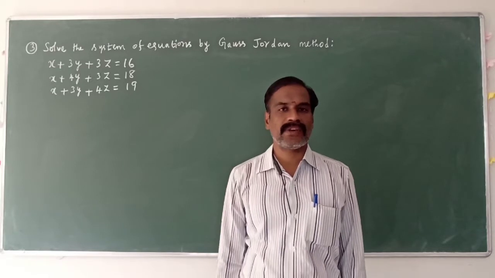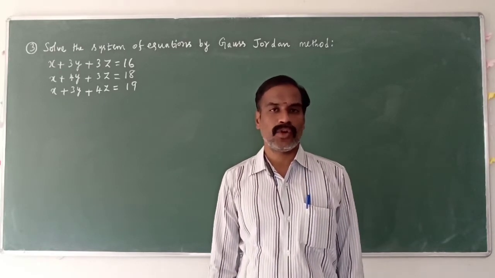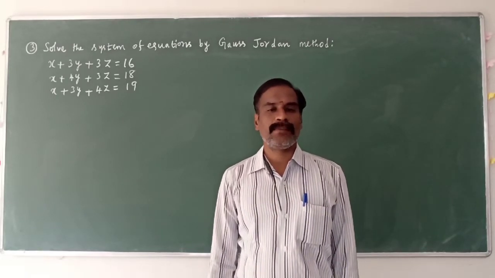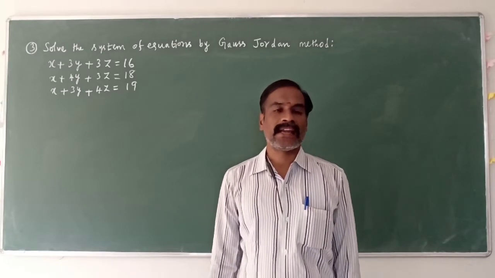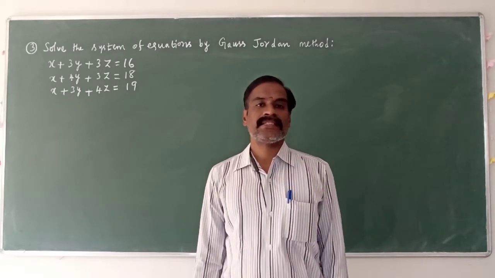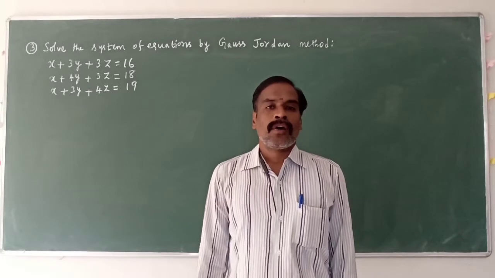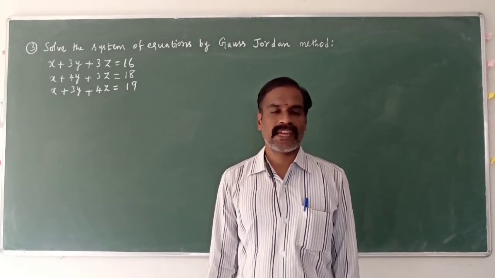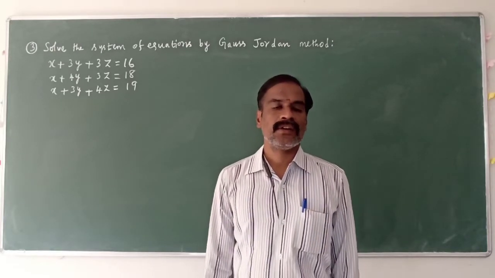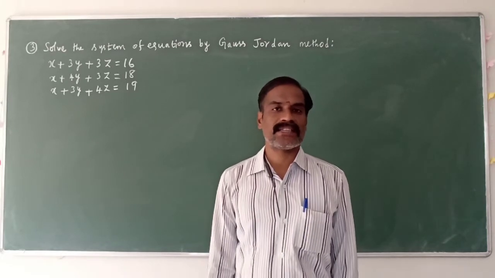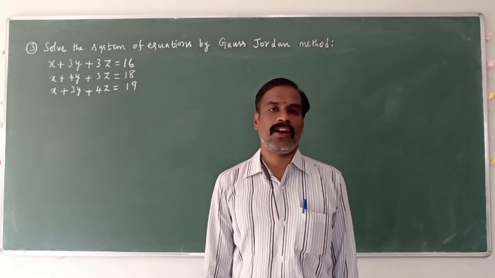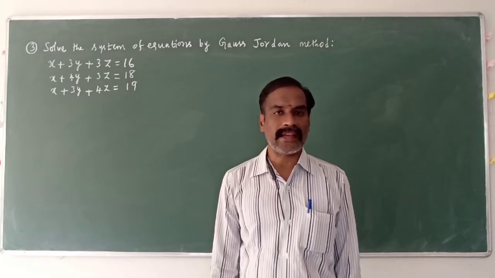In step number 1, first we have to make the row 2 and row 3 first column coefficients 0. In step number 2, we make the row 1 and row 3 second column coefficients 0.